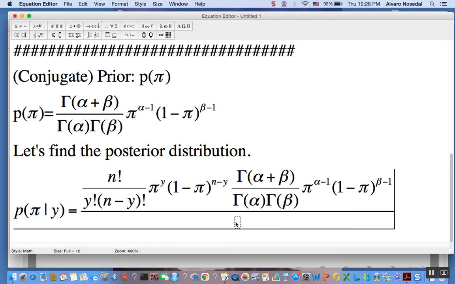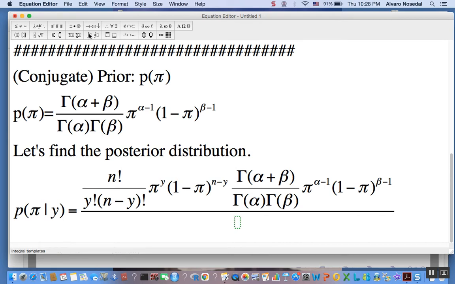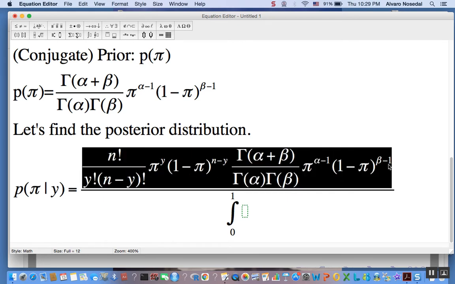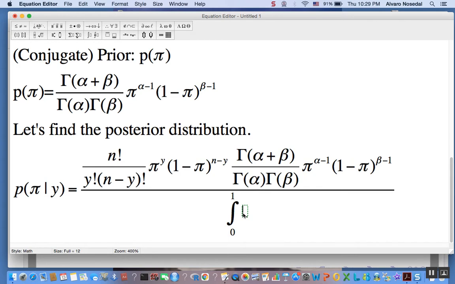Now the denominator is going to be the marginal. To find the marginal of y, what we have to do is integrate the joint with respect to pi. Remember, we've done that before. So it's going to be the integral from 0 to 1 of our joint with respect to pi.